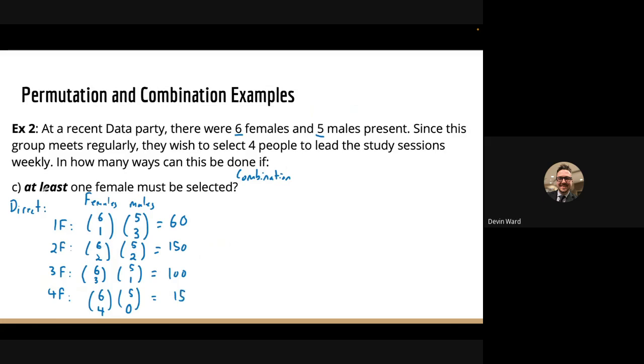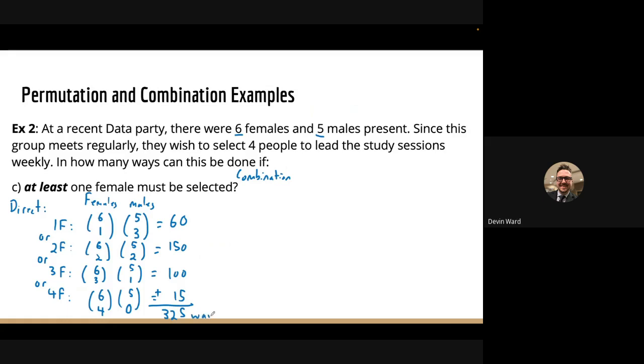Okay, so what we're doing here in the direct method is looking at if we have 1 female, or if we have 2, or if we have 3 females, or if we have 4 females. Remember, that "or" means that we have to add all these up together. So 60 plus 150 plus 100 plus 15 will be 325.